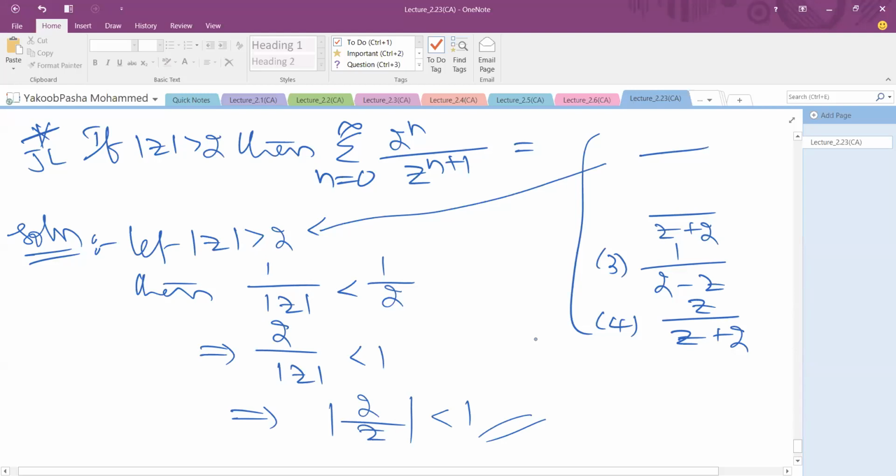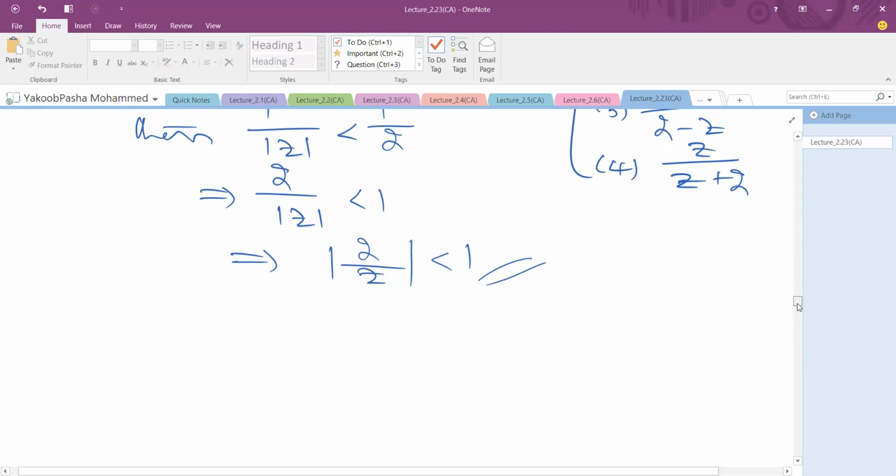So we go through the options. First option 1 by z minus 2. Second option 1 by z plus 2. I will check the options one by one.